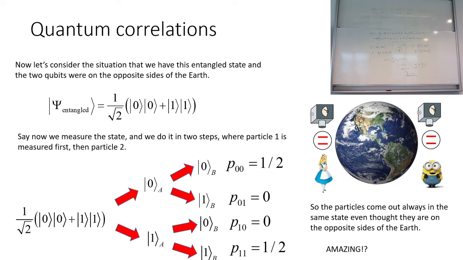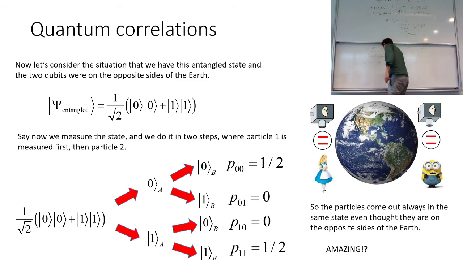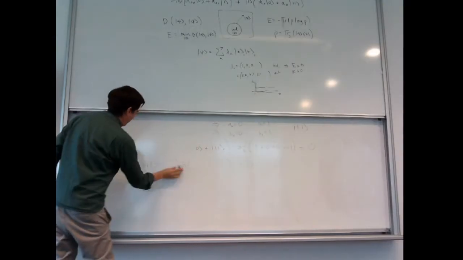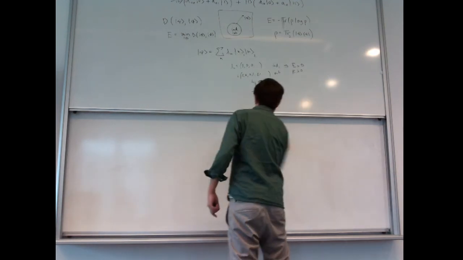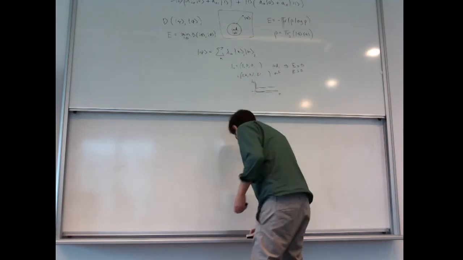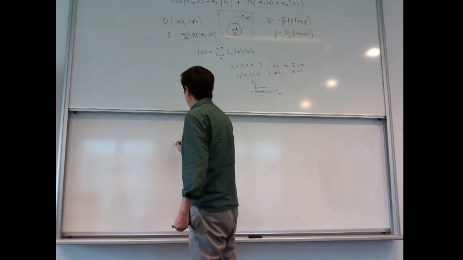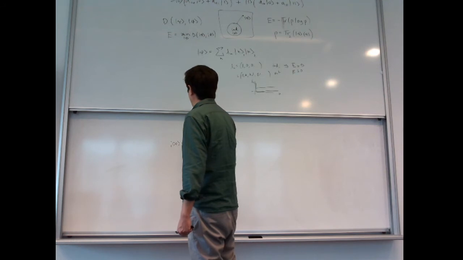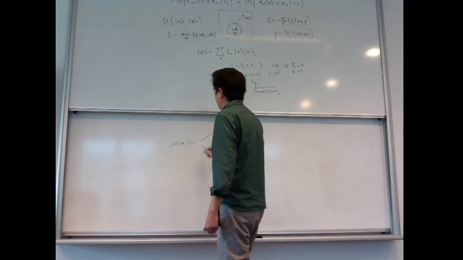Now, we should think about what actually happens to the state in this sequence. So we're starting with 00 + 11. Often I'm just going to drop the normalization.